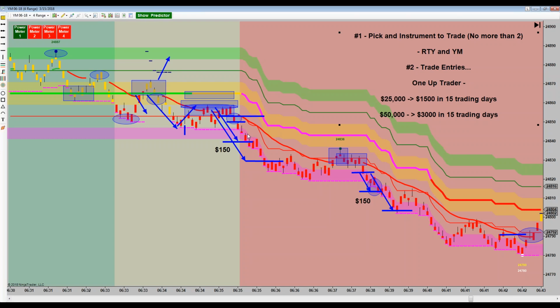Well, how many of these trades do you have to take with a 10 and 20 tick? How many of those trades do you have to take to hit 100 a day? One. That's right. One. If you took one of these trades per day for 15 days, you would be funded a $25,000 trading account. One.